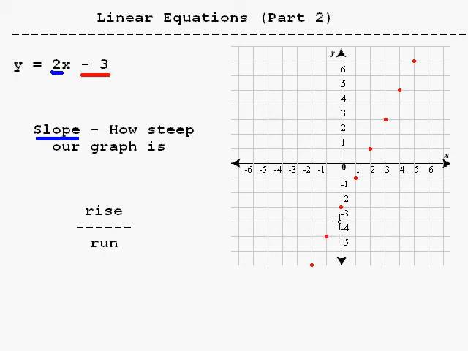So what we ended up with was 2 over 1. For every 2 rise, we have a run of 1. 2 over 1 is just 2, which is our slope. Our next video will talk more about the slope. But in general, that's how you get it.